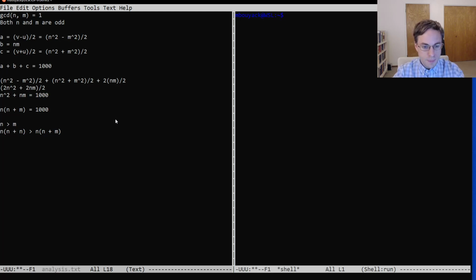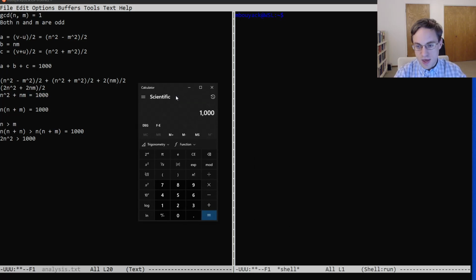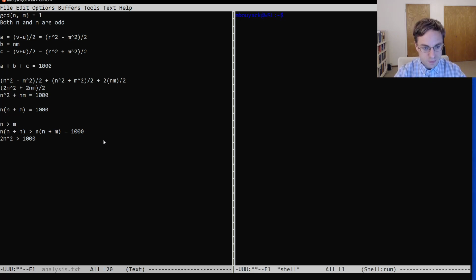And note that this is equal to 1,000. And therefore, 2n squared is going to be greater than 1,000. And using our calculator here, we can just solve for n. We'll take 1,000 divided by 2 square root, and we get 22 and change. And so we know that n has to be greater than 22.